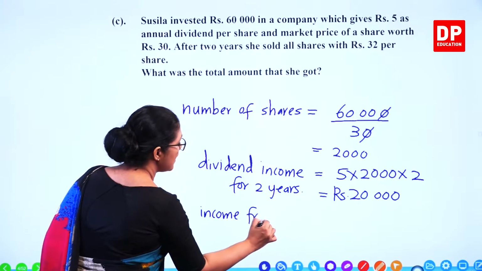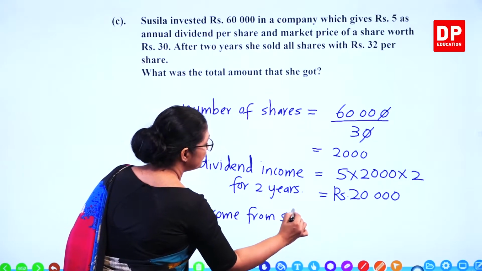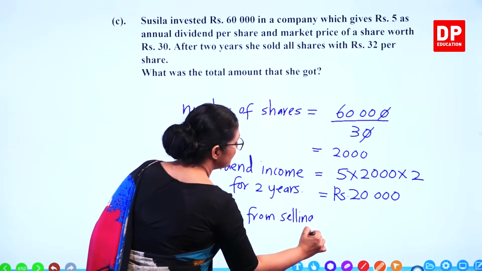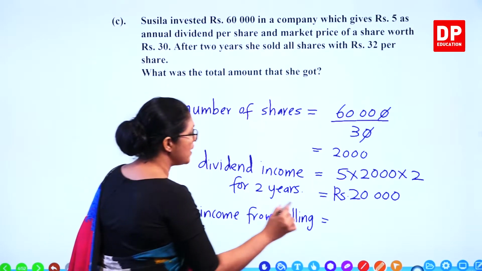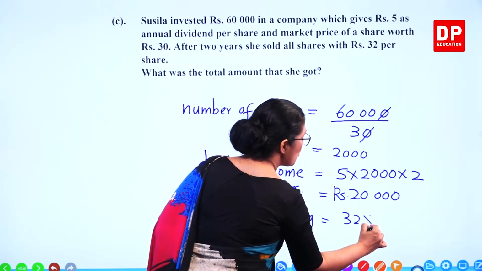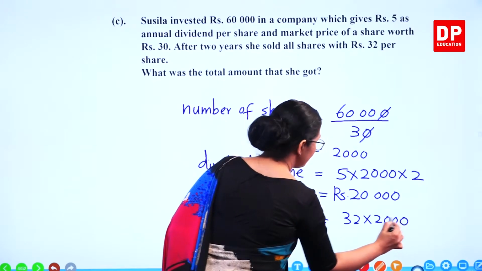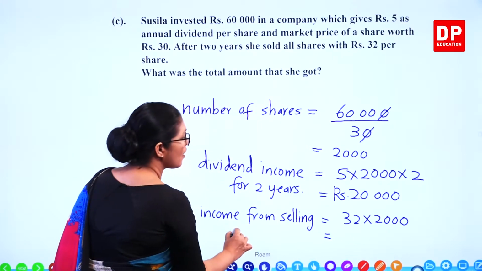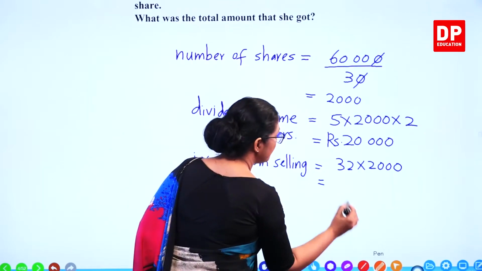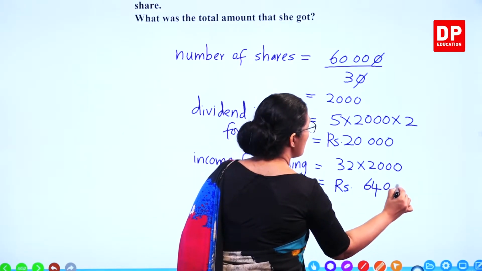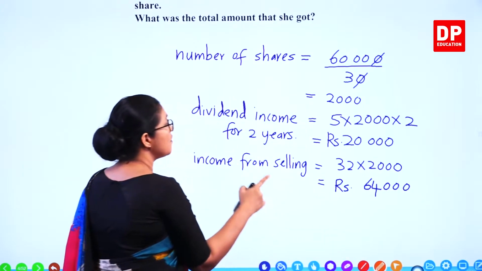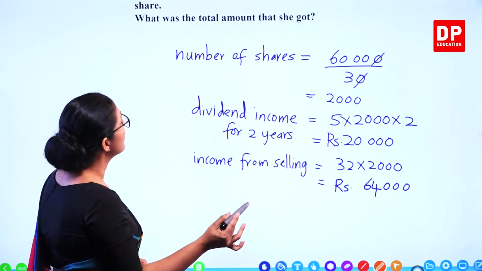And what's the income from selling all the shares? Income from selling. Each one she sold for 32 rupees. 32 into 2,000. You get 64,000 rupees. And what's the total amount she got?